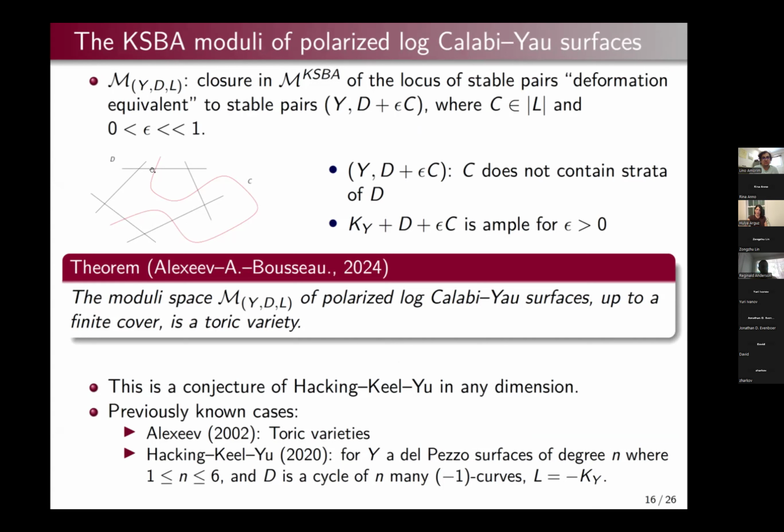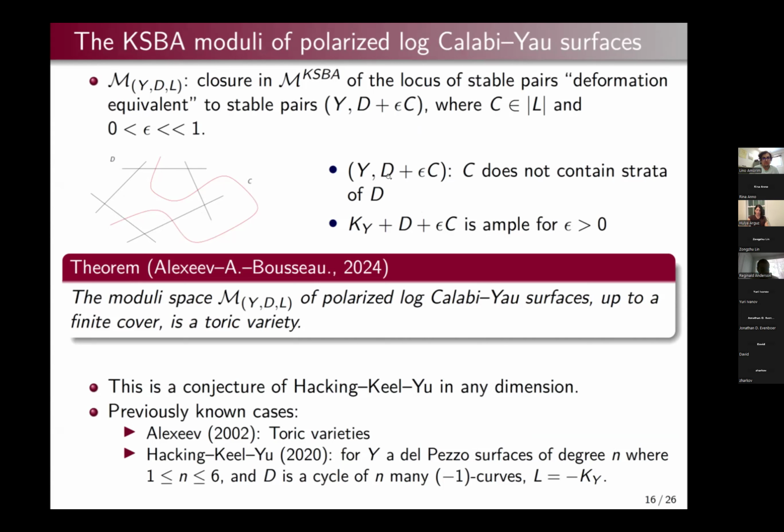The pair will satisfy having semi-log canonical singularities as long as your C avoids the zero-dimensional strata, analogous to the toric situation. And the second condition is the stability condition.